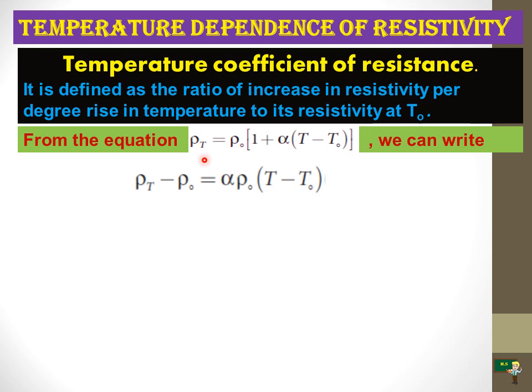And from the equation rho T is equal to rho naught into 1 plus alpha into T minus T naught, we can write rho T minus rho naught is equal to alpha into rho naught into T minus T naught.